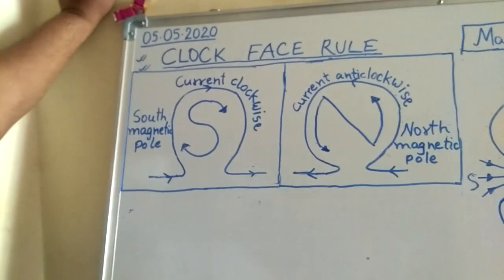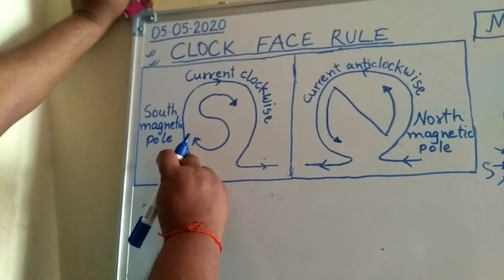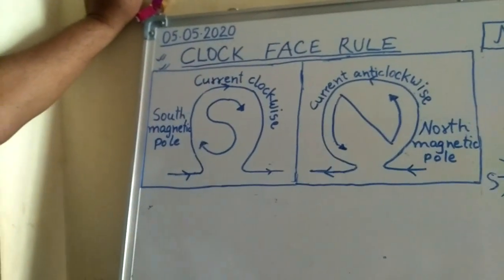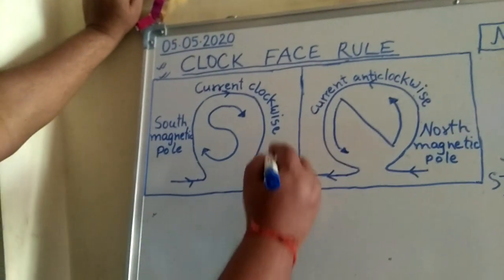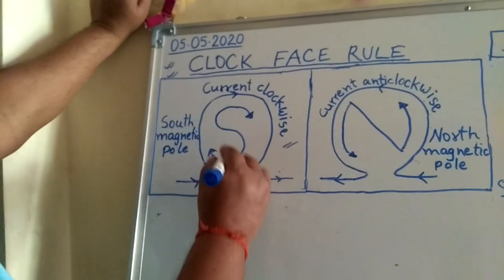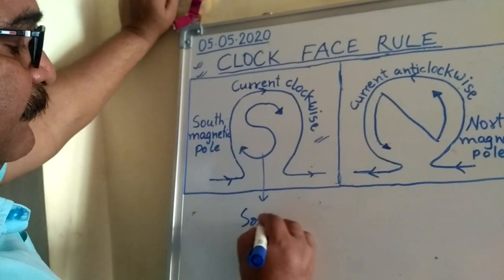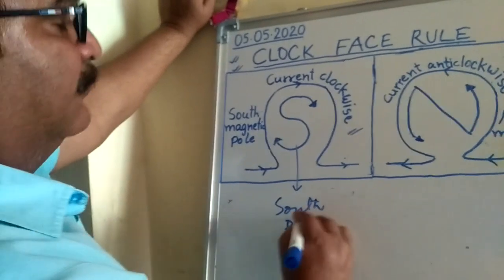For example, you see that in a circular loop, if the direction of the current is clockwise, then that face must be the south pole.